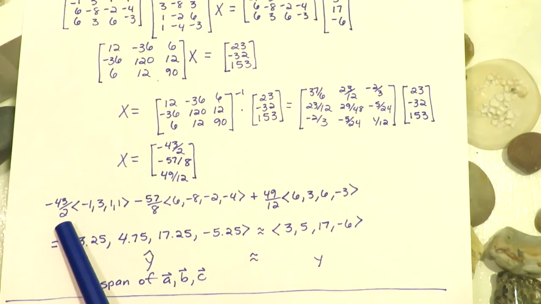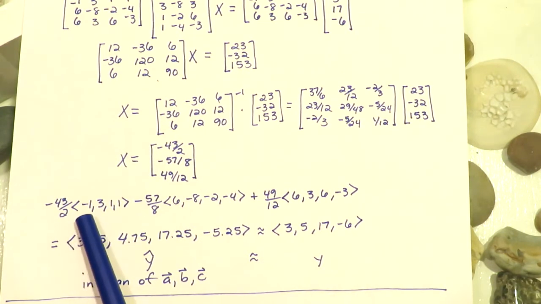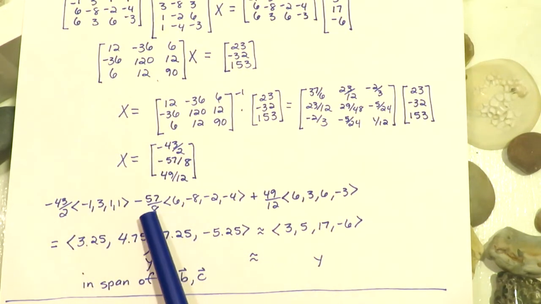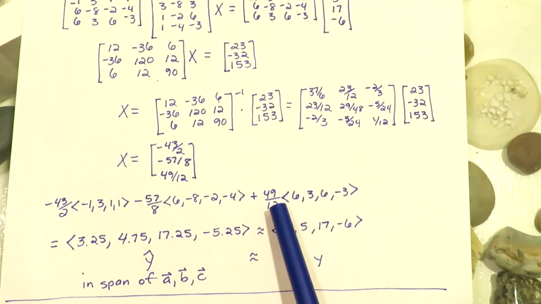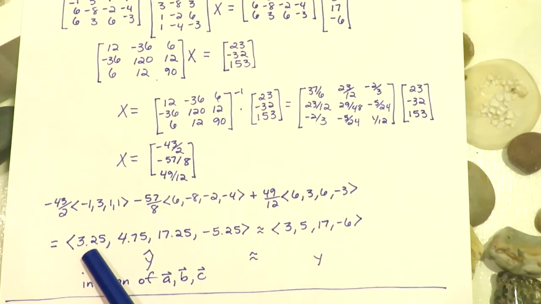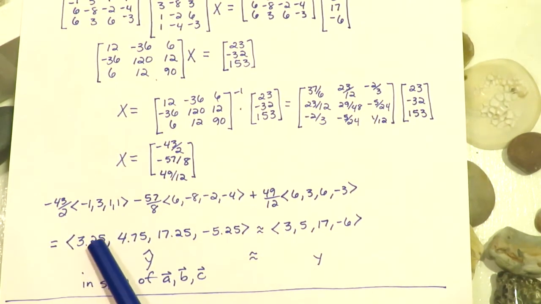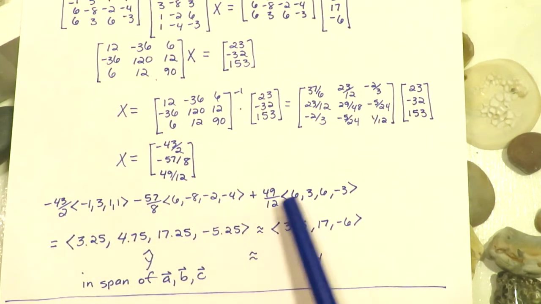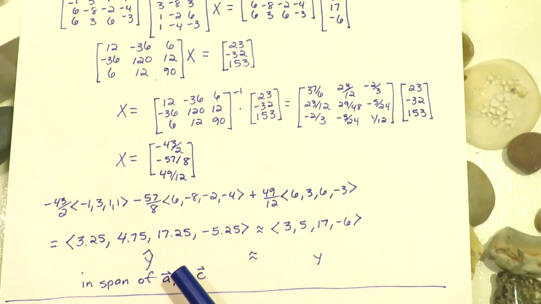So if you take -43/2 times -1, and then you add it to -57/8 times 6, and then add it to 49/12 times 6, you get 3.25. And you could do that for the other three components.